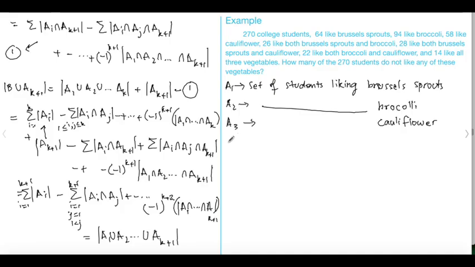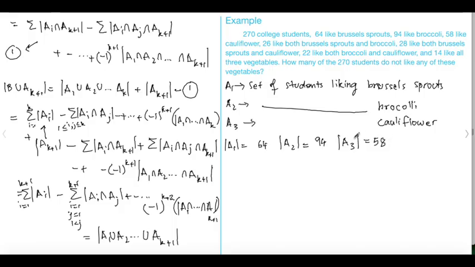Then the information is A_1 equal to 64, A_2 equal to 94, and A_3 equal to 58.